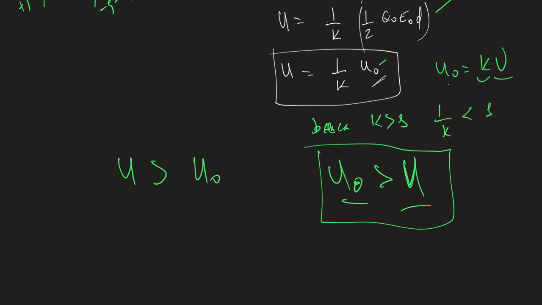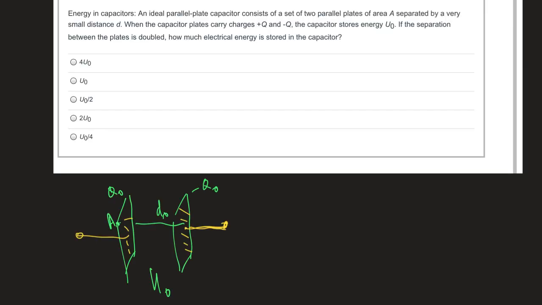Correct? In this problem, initially we have a charge Q0, and we have the distance d0, and the potential energy is U0, and we know that U0 is 1/2.